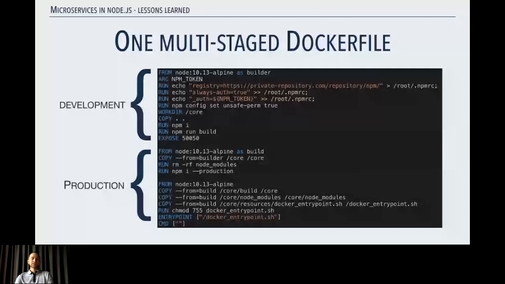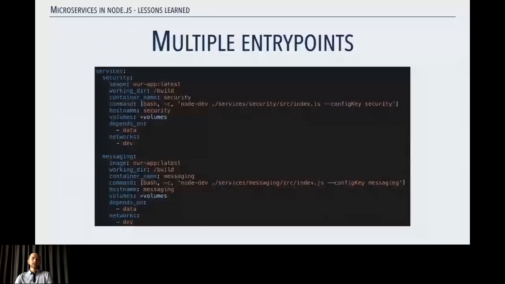And having that image, then we are using our Docker Compose. As you can see, in this particular example, we are using the same image, but with different commands, different entry points, so that allows us to run various microservices.